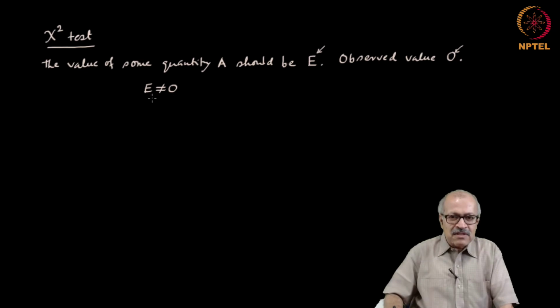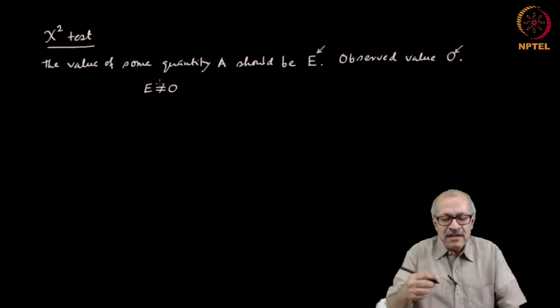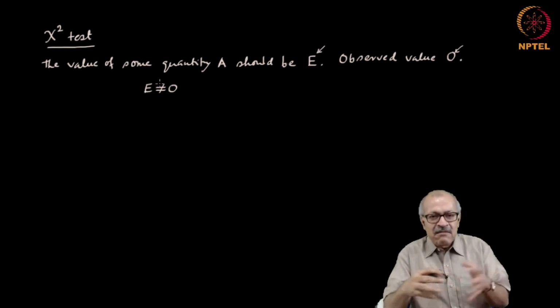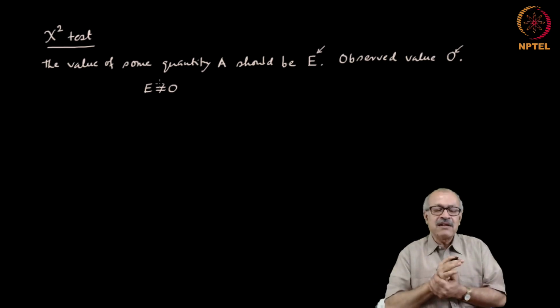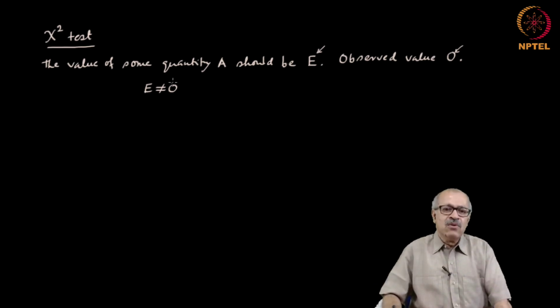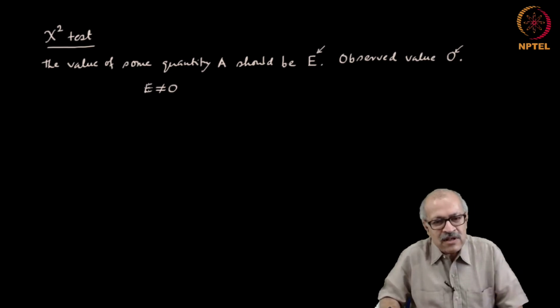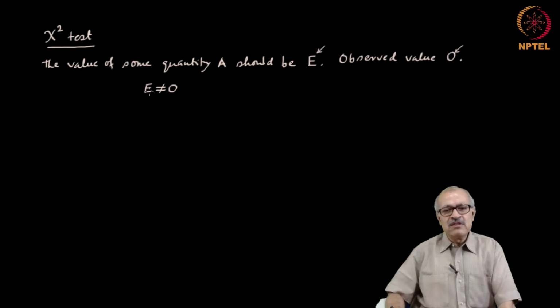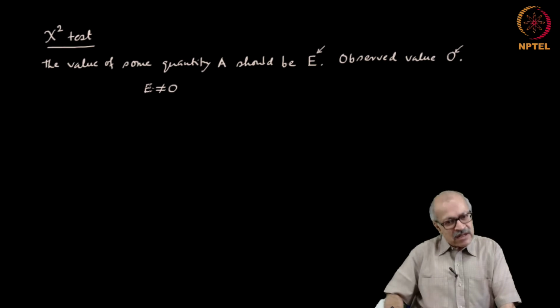but by that can you say that the theory is wrong because you did not get the expected value? No, you cannot say that, because due to various reasons, more important being the random fluctuations, random errors, you might get a value O which is different from the value E, and that does not provide you sufficient reason to say that the theory is wrong. But there would be some situations where you get a different value and you would be able to say that the theory is wrong.